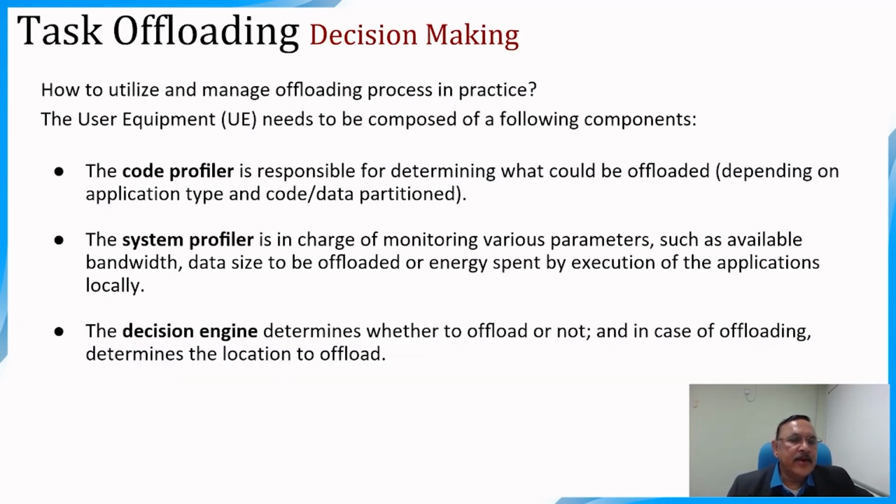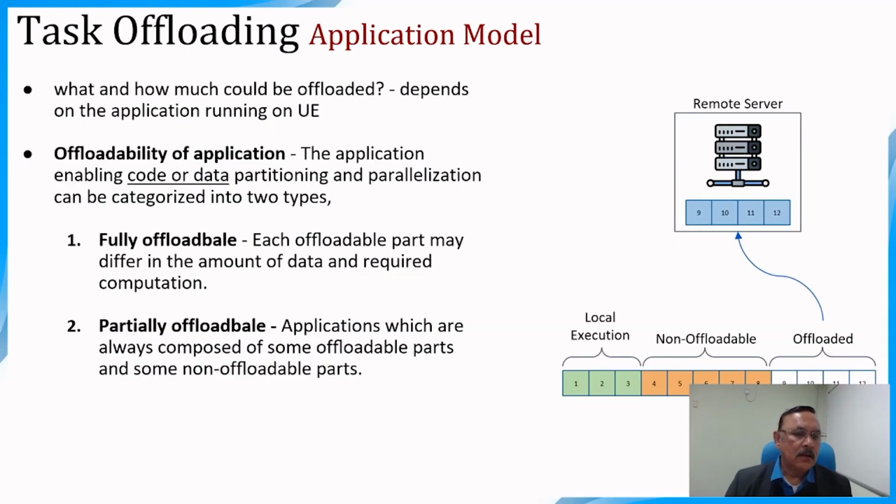The decision making means how to utilize and manage the offloading process in practice. The user equipment needs to be composed of the following components: code profiler, system profiler and decision engine. Application model: what and how could be offloaded depends upon the application running on the user equipment.